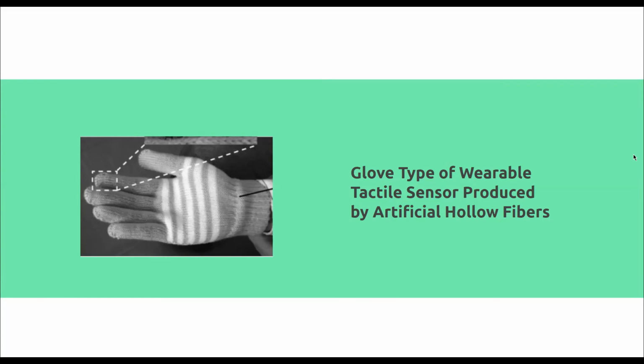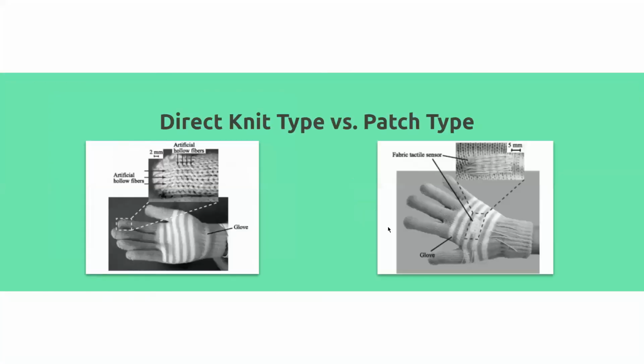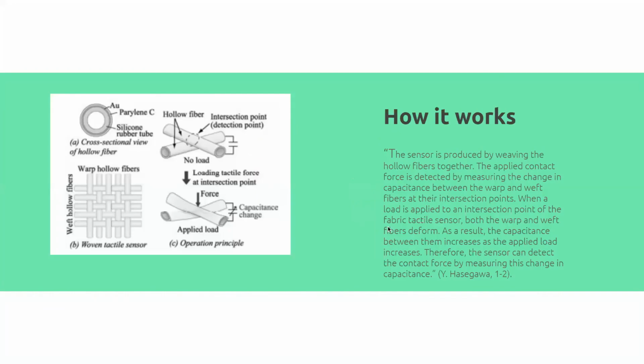In this case, the sensors are being incorporated into gloves. According to the article, the sensor is produced by weaving the hollow fibers together. The applied contact force is detected by measuring the change in capacitance between the warp and weft fibers at their intersection points.